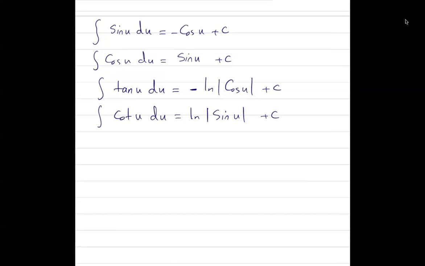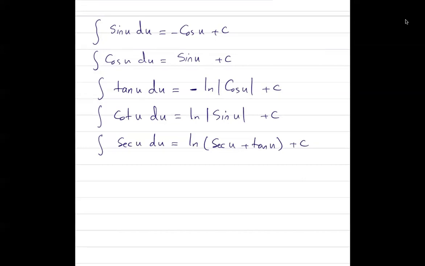The integral of secant of u du has formula ln of secant of u plus tangent of u plus constant of integration, assume this is positive.